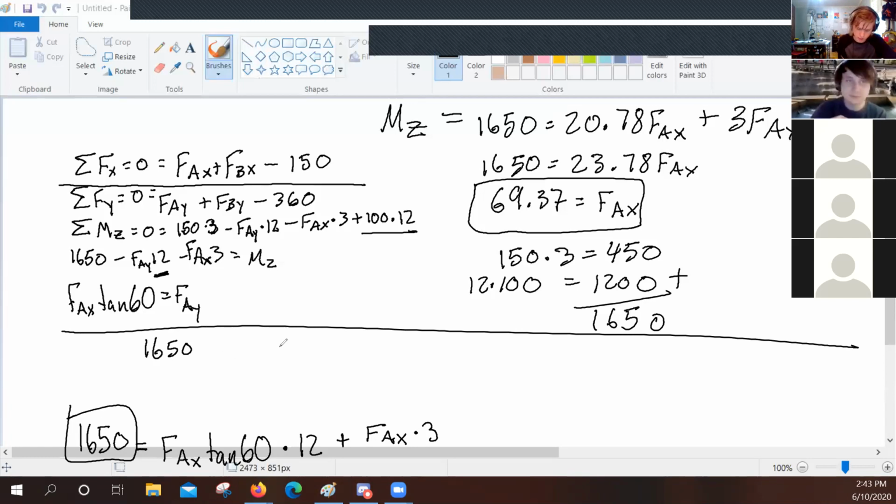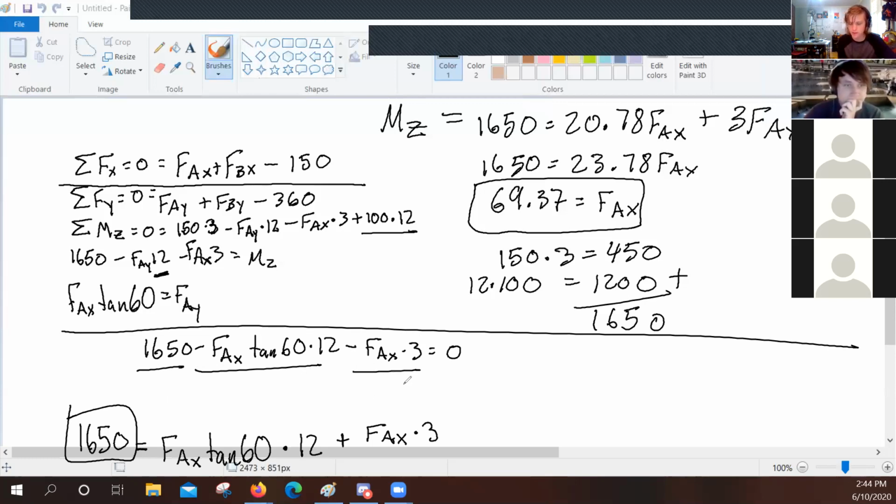The reason why is that in this particular equation, we had the following: 1650 minus FA of x tangent 60 times 12, minus FA of x times 3, right?